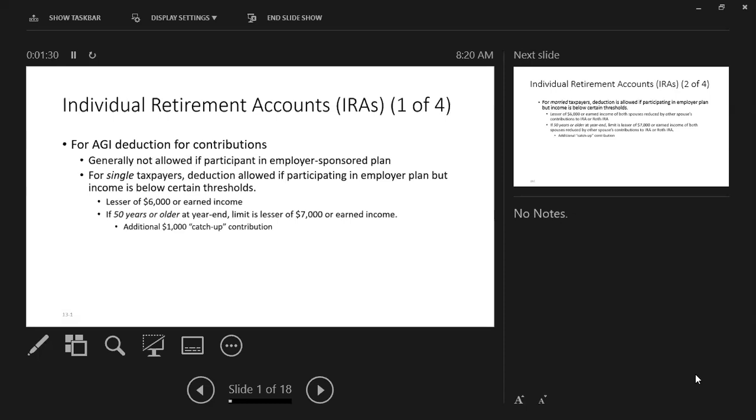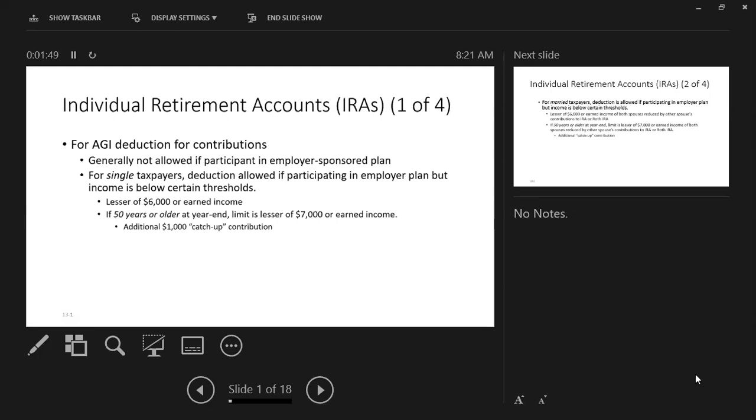So you can contribute and deduct basically up to $6,000 or earned income. Of course, if your contribution is less than $6,000, you would compare that to earned income. Now, if you're 50 or older, that goes up to $7,000.